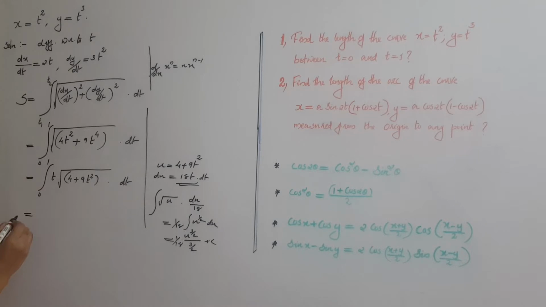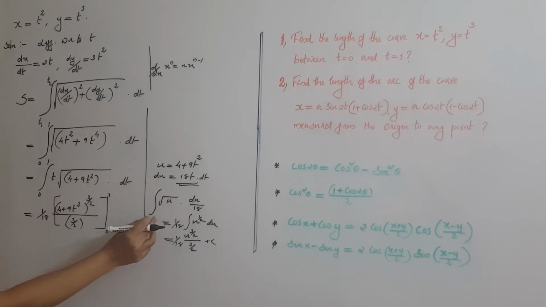Now this can be written as 1 by 18 into (4 plus 9t square) raised to 3 by 2 divided by 3 by 2, and the limits running from 0 to 1.